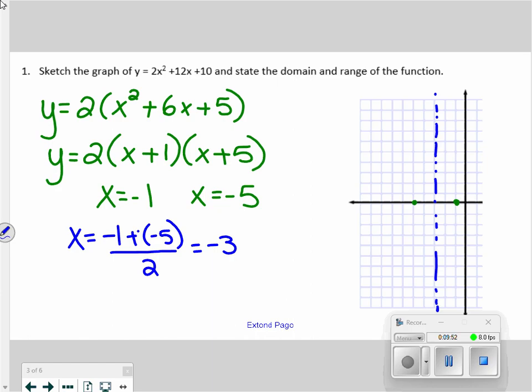So not my y-intercept, but yes, that is my y. So that would be here, which means we also have this dot, because they're symmetrical. I'm asking for my y value of my vertex.